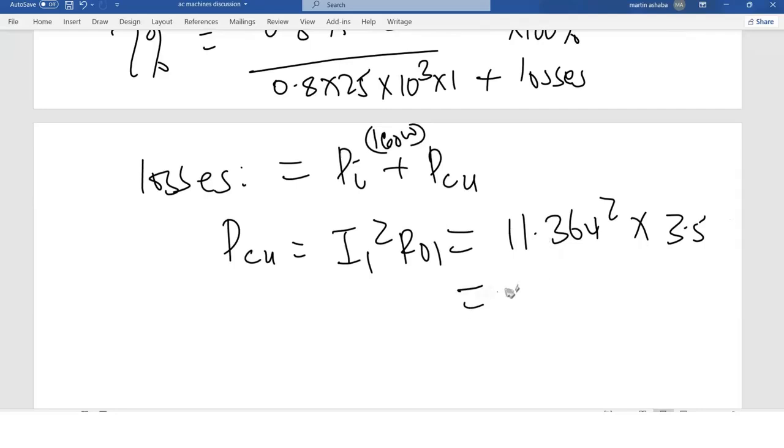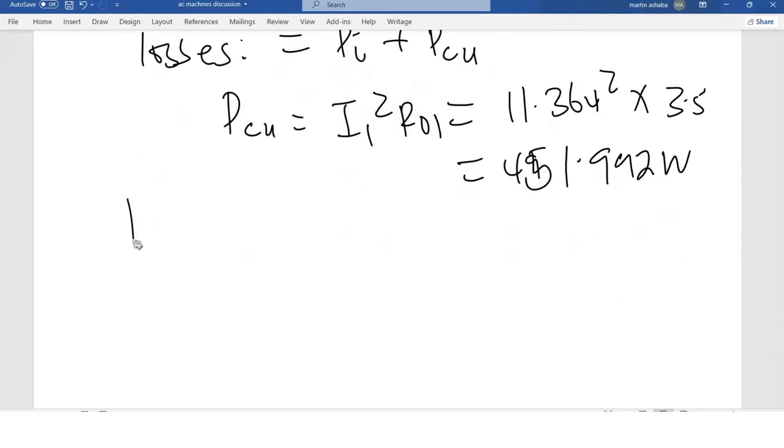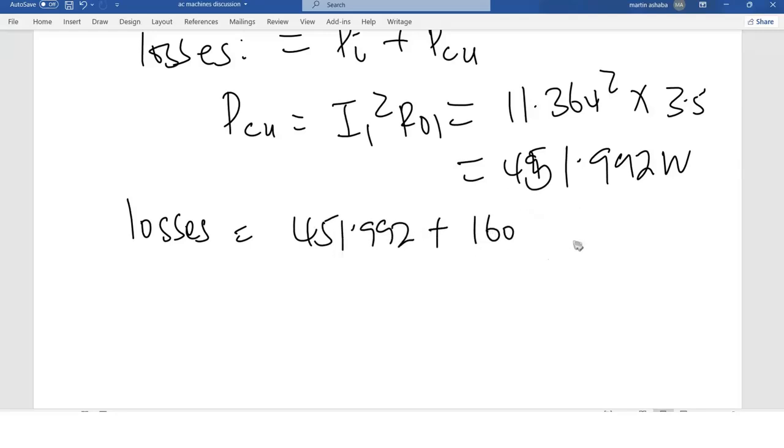Here we get 451.992 watts. So what are the total losses? 451.992 plus 160 gives me 611.992 watts.